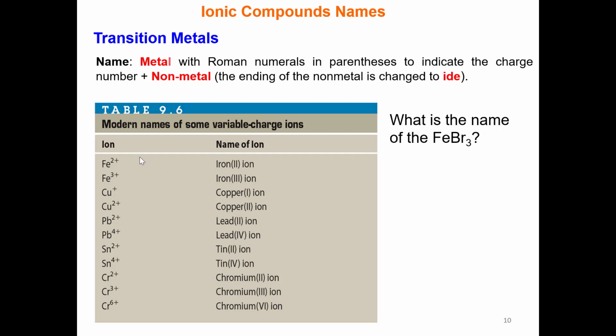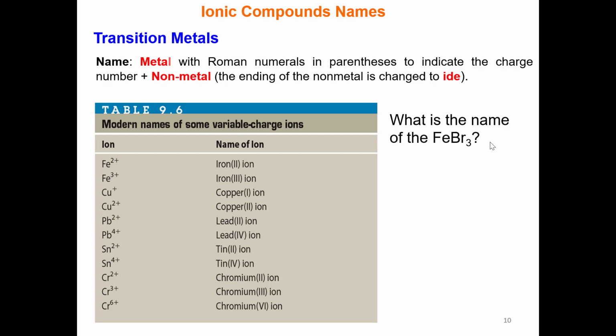For example, in the case of iron, to identify if the charge of the iron in the compound is +2 or +3, we will write iron, and in parentheses we will indicate the charge. If the charge is 2, we will use the Roman numeral II. If the charge is 3, we will indicate that using the Roman numeral III. And we can see the same thing for the other ions.